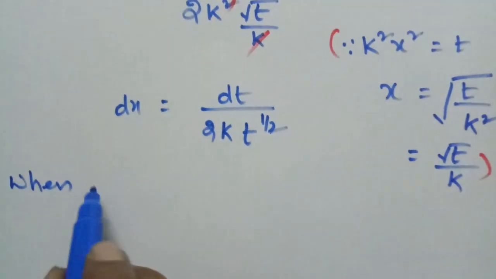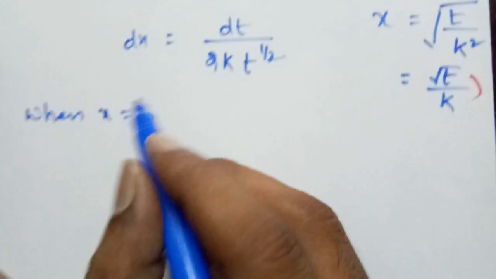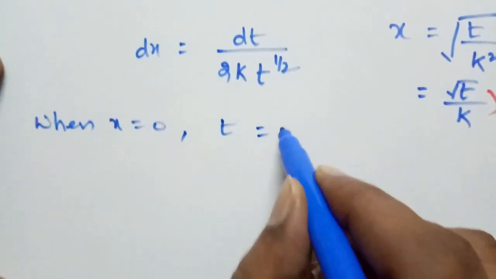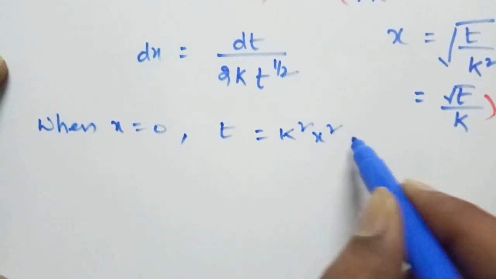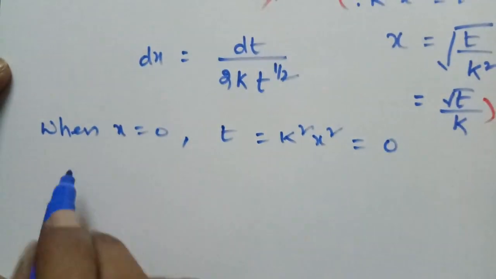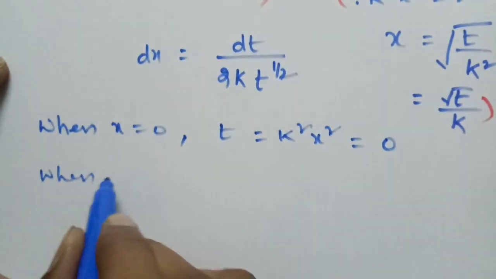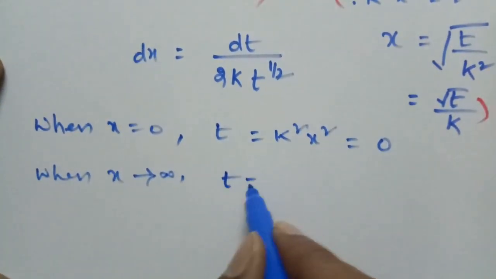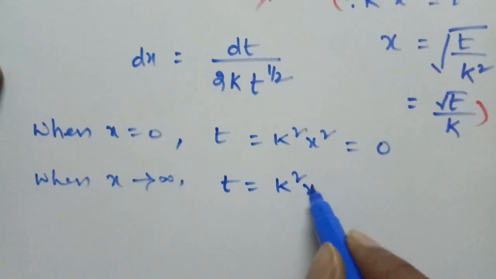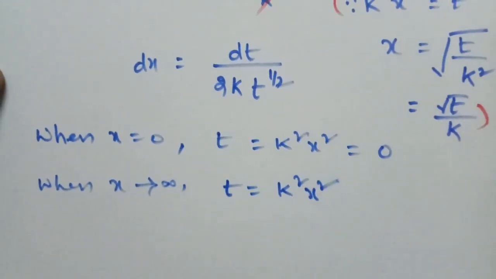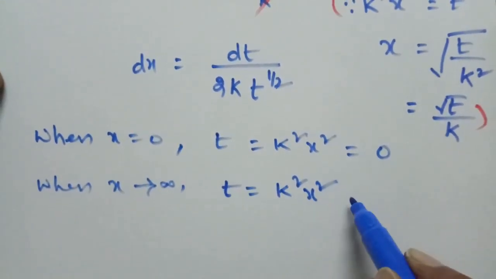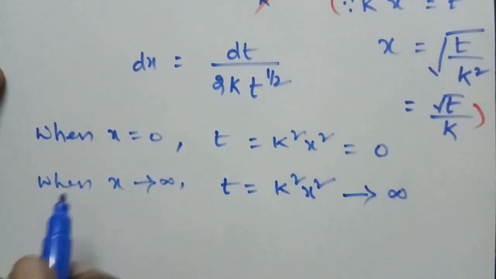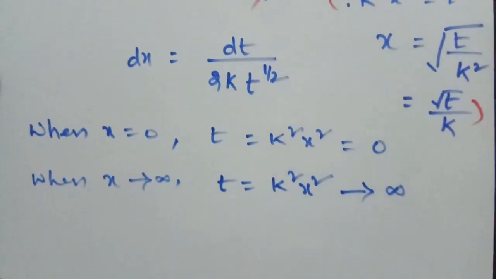Now the limits, when x equal to 0, t equal to k square x square, that is also 0. When x tends to infinity, t is equal to k square x square. So constant into x tends to infinity, this also tends to infinity. Therefore there is no change in the limits.